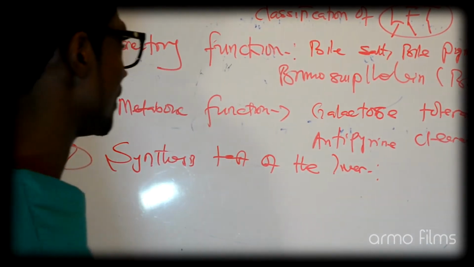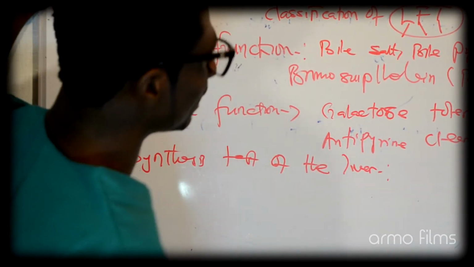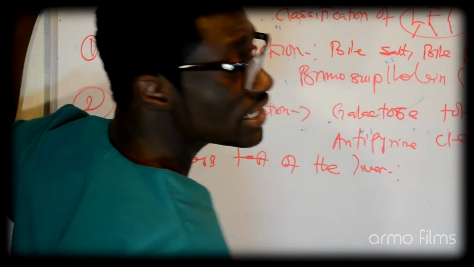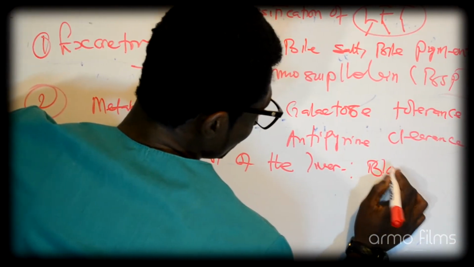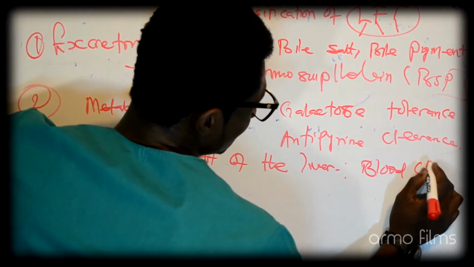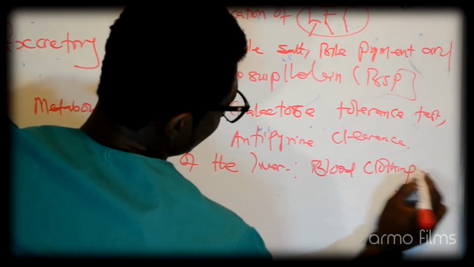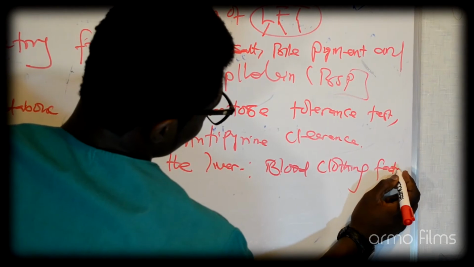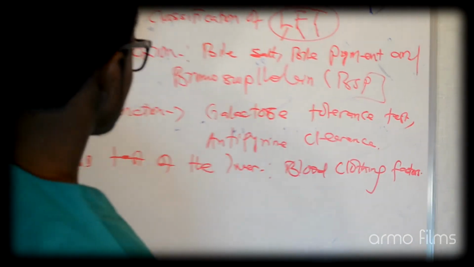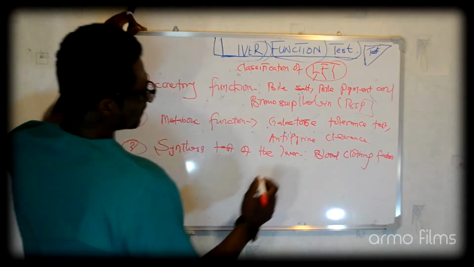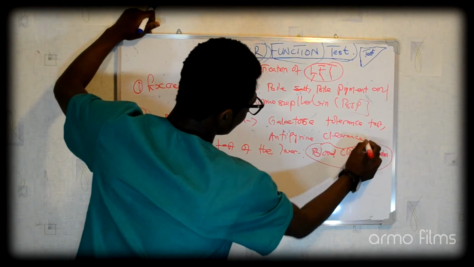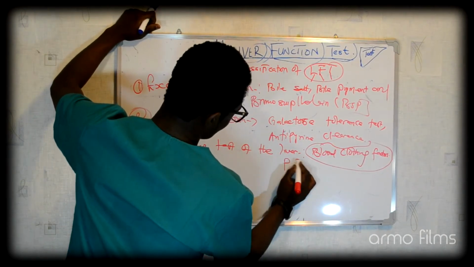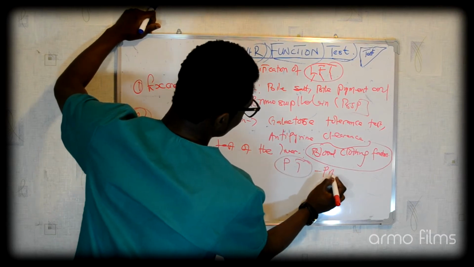What do we mean here? As we know, the liver usually synthesizes the blood clotting factors. So if you know that the liver synthesizes the blood clotting factors, you measure your PT, prothrombin time.